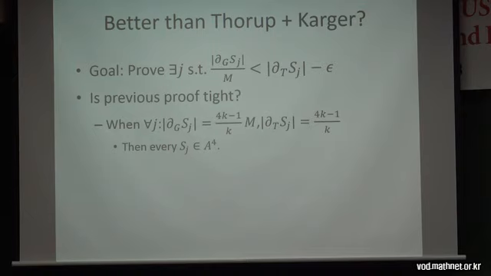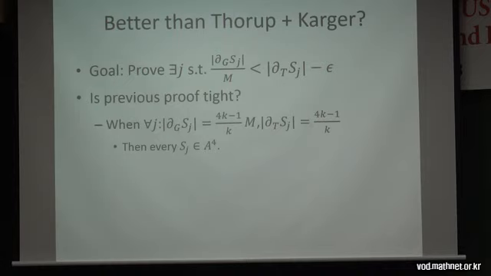But let's look at the previous proof. If you just look at the numbers, there's a case where we can't get anything: if every Sj has G boundary exactly equal to that number, and also the same for the tree edges, then we are not getting anything. So there is no Sj which buys us something.